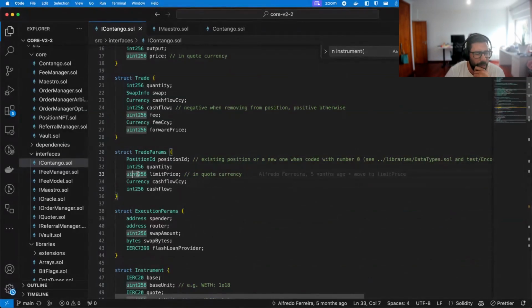I would have a type here for quantity and a different type for limit price, for example. This is something I inherited from when I was doing Scala: you put types everywhere, and then the type system prevents you from passing the wrong value whenever you're calling a function. So the compiler does a lot of the heavy lifting, and you don't have to write a test for that, which is brilliant because less code is always better code.